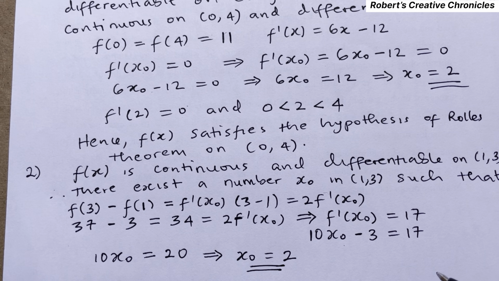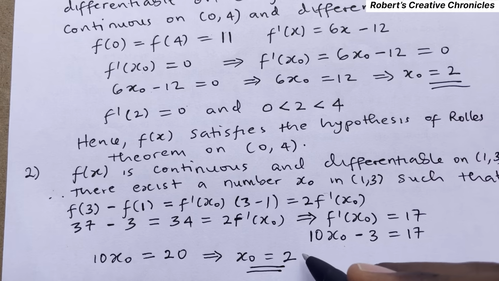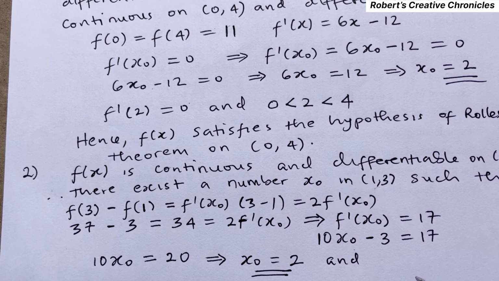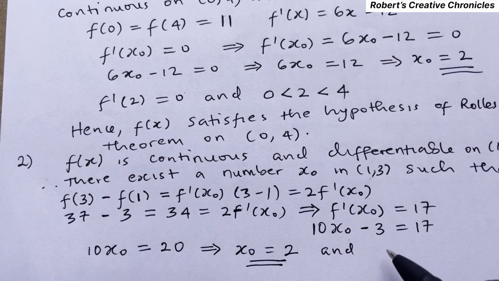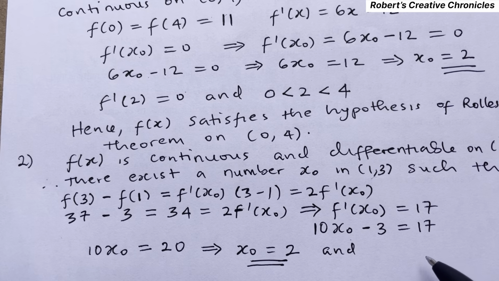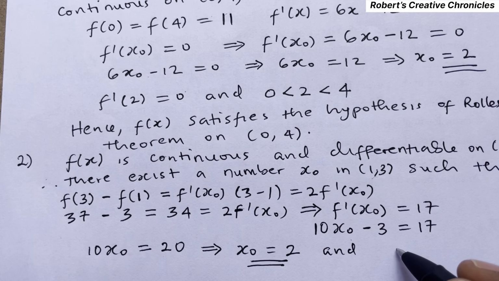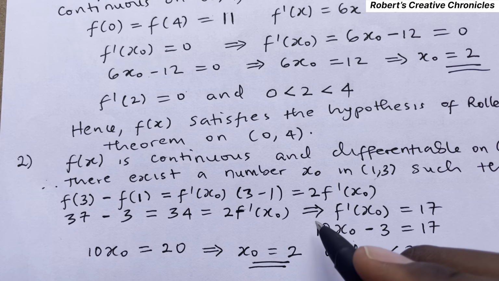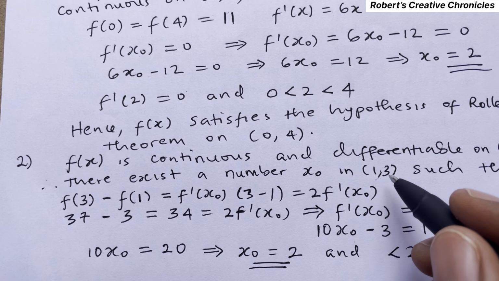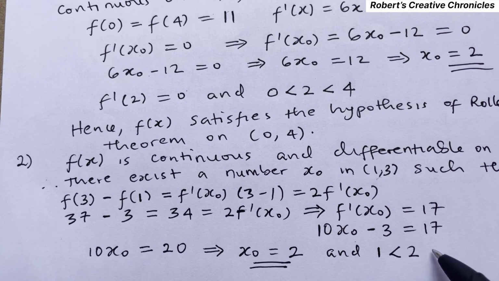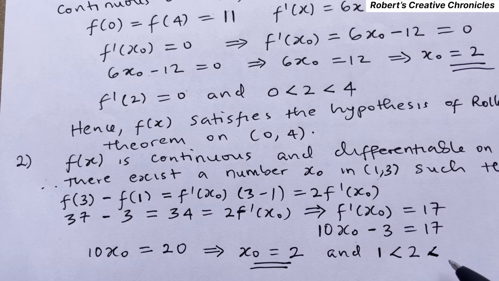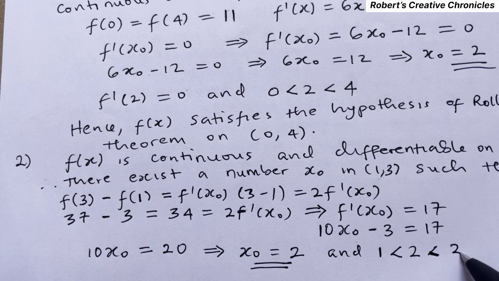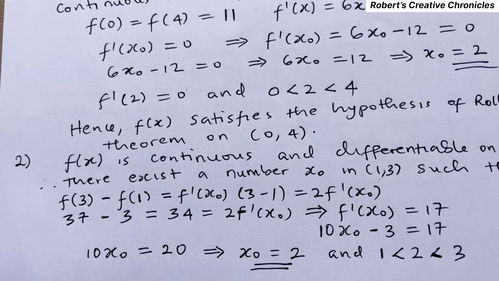And then we can express the interval: x0 greater than x1 and less than x2. So x0 is 2, greater than x1, which according to the interval is 1, and less than x2, which is 3. So this is the interval.